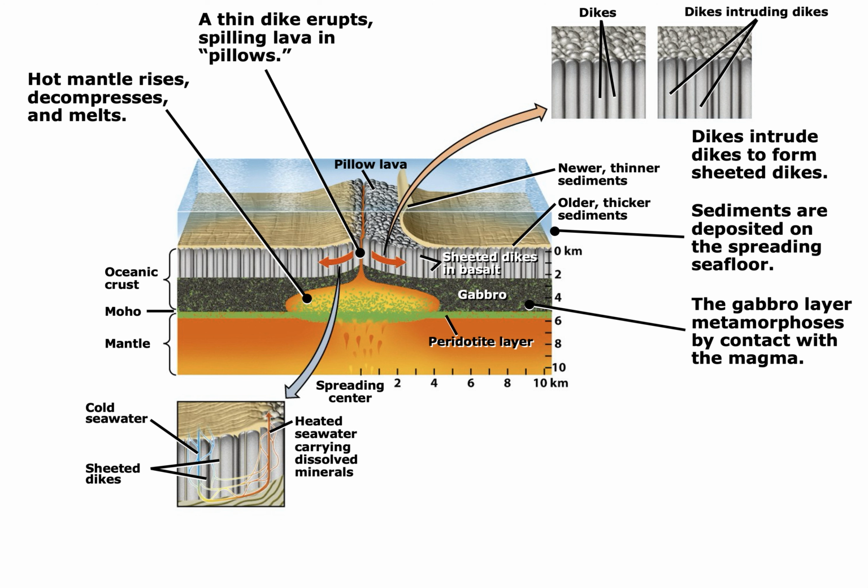So, and here we have then also the influx of cold seawater in the sheeted dike complex, and therefore we will heat up this seawater, and this seawater carries then a lot of dissolved minerals.